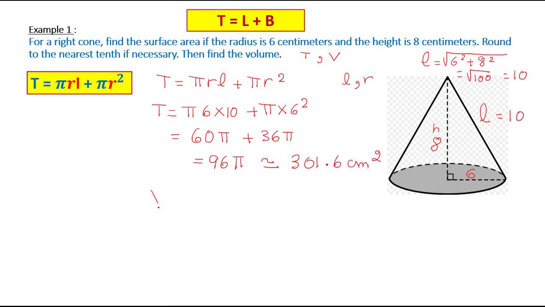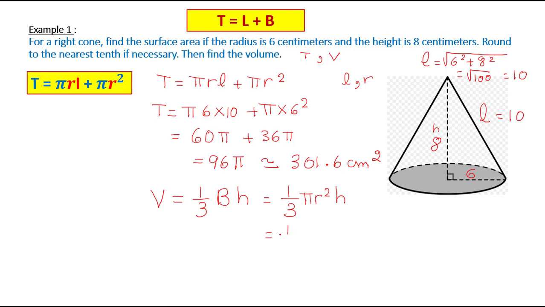Then he wants the volume. Volume equals 1/3 area of base by height. Then this is equal to 1/3 pi r squared, because the base is a circle, multiplied by h.